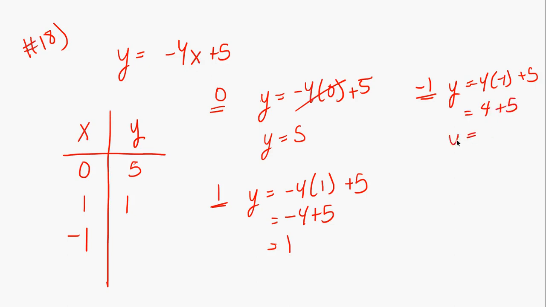That's 4 plus 5, which is 9. So our last one would be 9. And this one is also a multiple choice question. It also asks us to see which graph matches, but if you find the table, that's sufficient because all the tables are different answers.